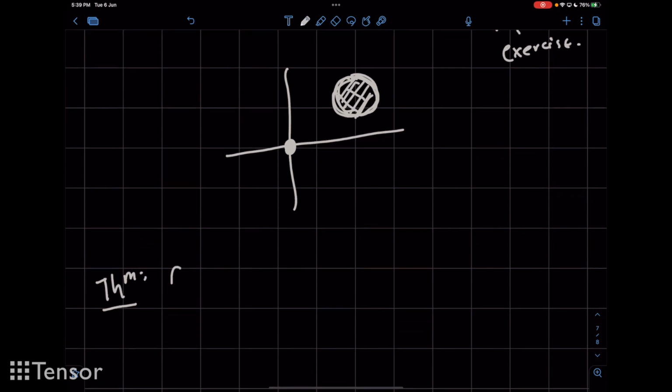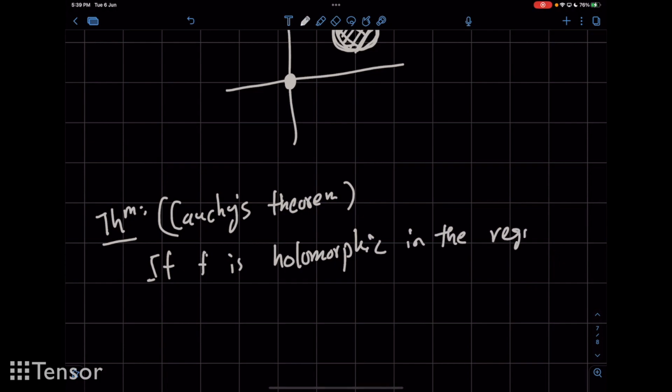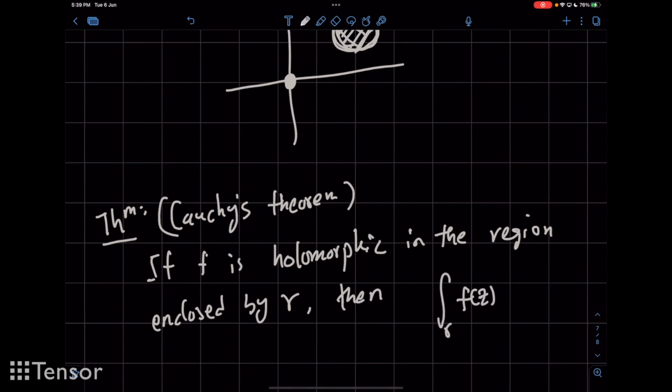The theorem is called Cauchy's theorem. If f is holomorphic in the region enclosed by gamma, then the integral of f of z dz over the curve gamma is 0.